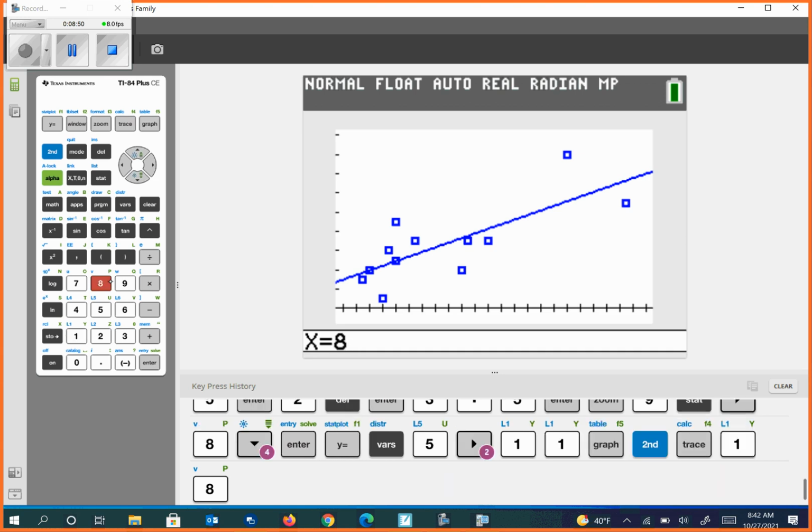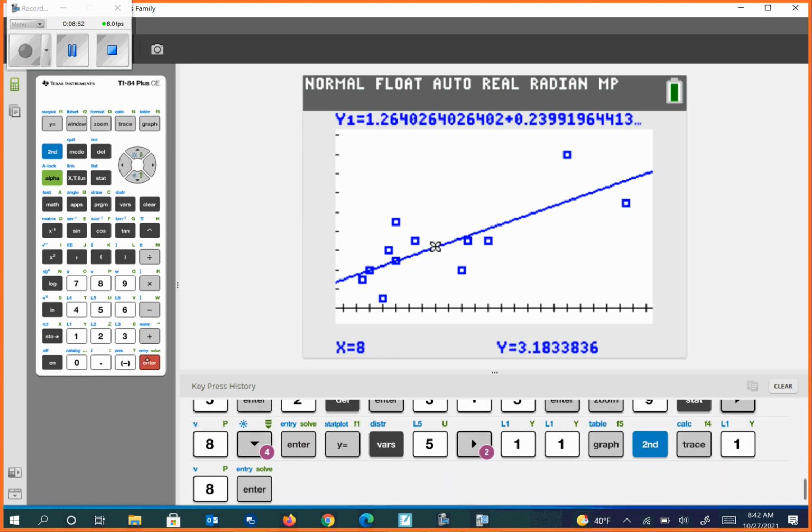I'm going to plug 8 in. So for number 5, a jury for an 8-hour trial, predict the jury length. They'll take about 3.2 hours, rounded to 2 decimal places, if you had an 8-hour long trial.